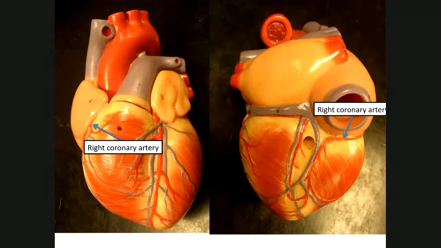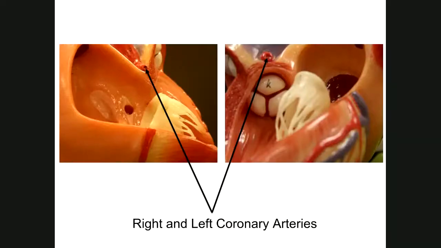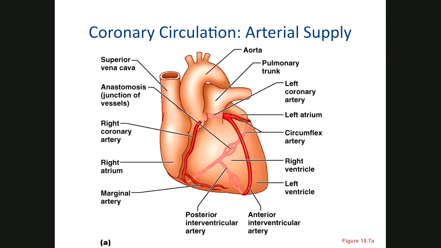Well, let's look at the right coronary artery. So that's this one, and let's look at it in this picture. It just comes off and it goes all the way around the heart, all the way around the right side. And then it goes down the back side of the heart. So look, it goes all the way around and then down.